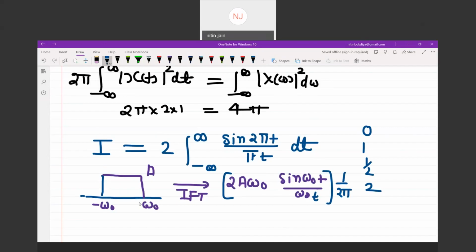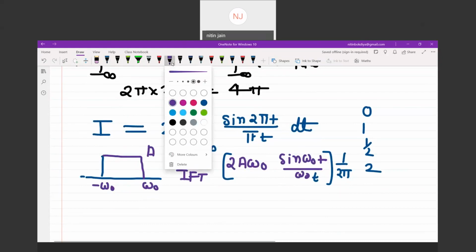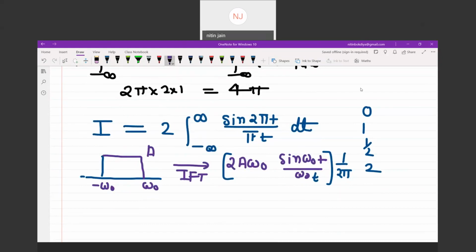Now by comparing with the standard equation, you can say omega naught is equivalent to 2 pi. So if omega naught equals 2 pi, your whole equation will become, this is 2 pi, this is minus 2 pi. You can remove this.